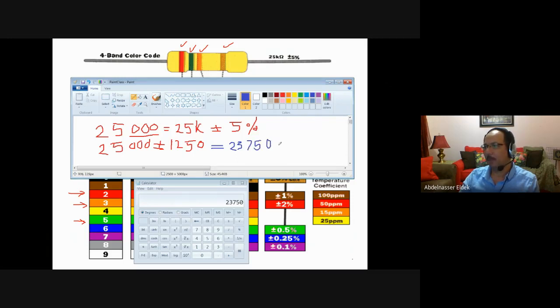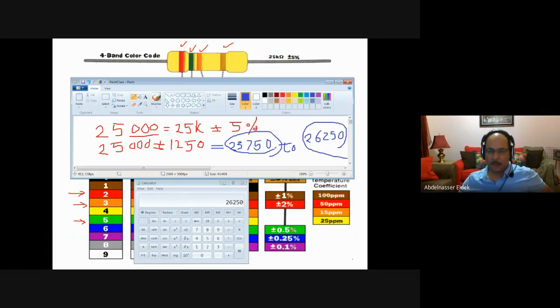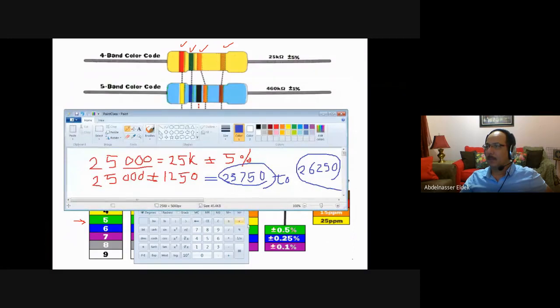So this is the minimum value. And 25,000 plus 1250 is 26,250. So this is the maximum number. This is the minimum number. So this is a 5% error. It is supposed to be 25,000, but in reality, it is within this range, from 23,750 to 26,250.